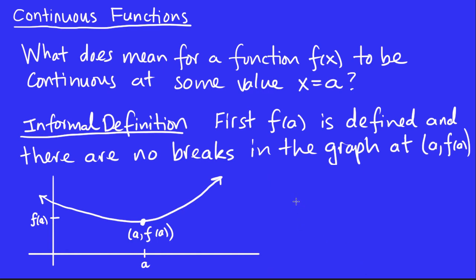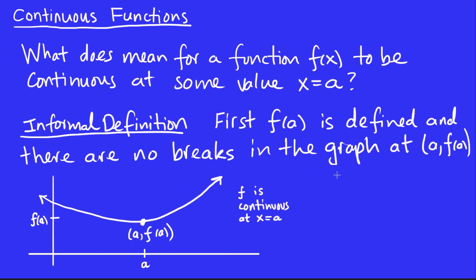What I was talking about a second ago was that this graph here is continuous at x equals a. So in this example, f is continuous at x equals a.